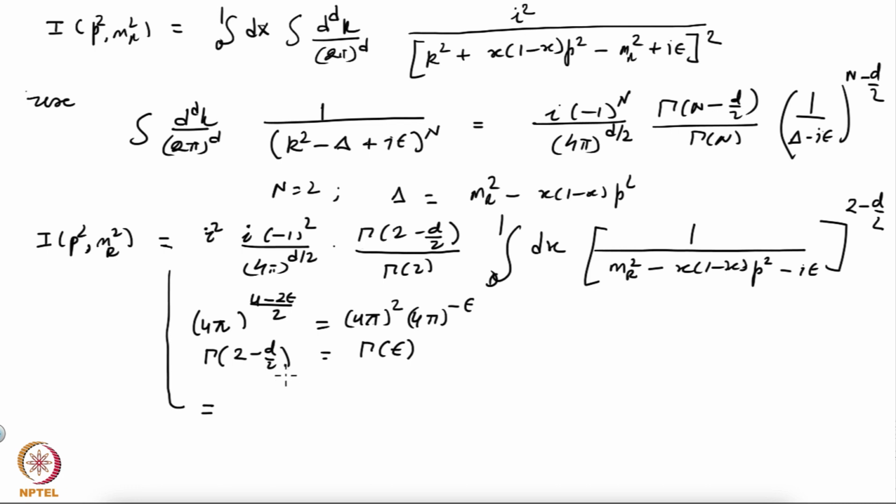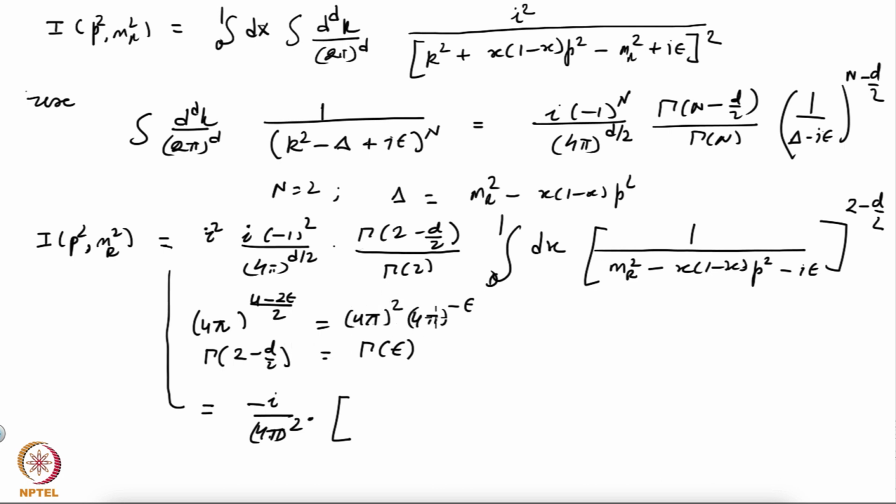I is equal to minus I over 4 pi square times, let's expand. What has happened? Okay, so this I square, this minus 1 square is 1, this I square is minus 1, so minus I. That is why you have a minus I, and this 4 pi square from here.